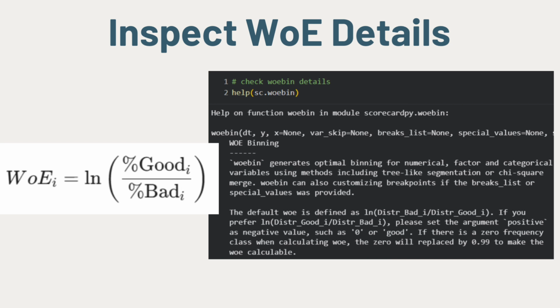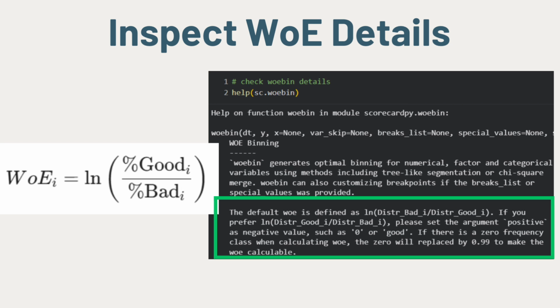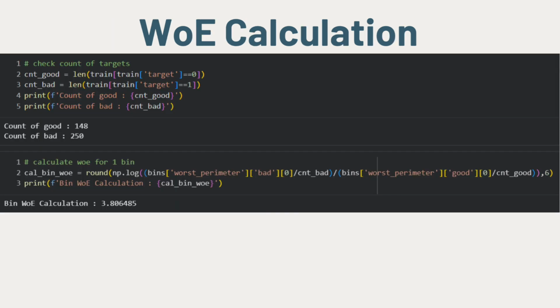However, if we refer to the help information on the woebin function, we will see that the default computation formula is actually the inverse, and we have to set the argument to flip it around. Despite the difference, it can still be used as it is. We can perform the calculation for WoE bin and IV value to see if they check out. First, let's calculate the count of good and bad events.